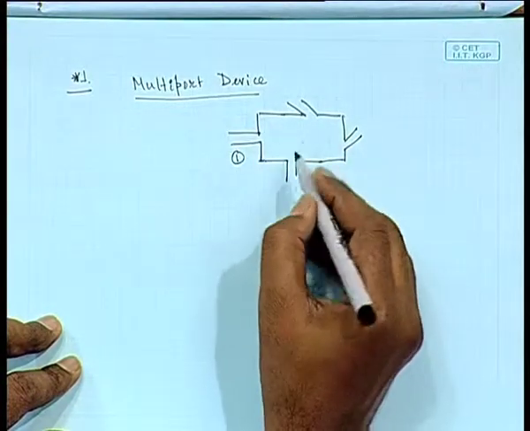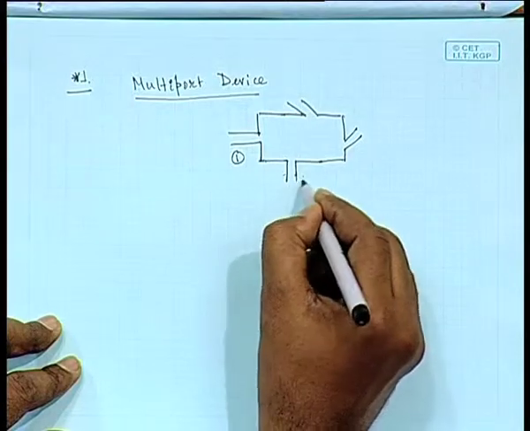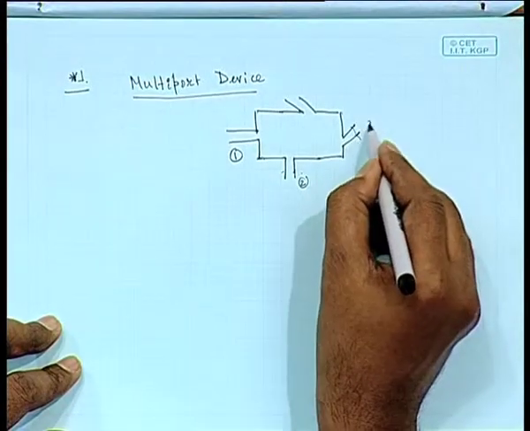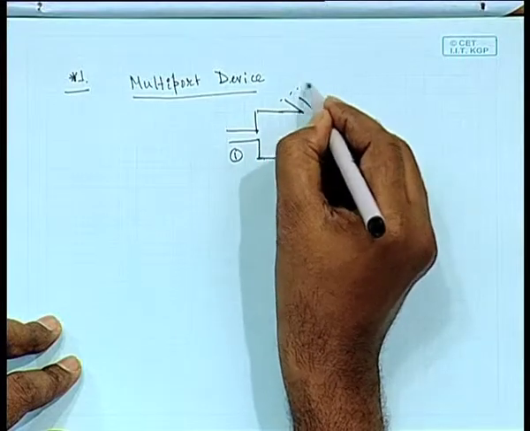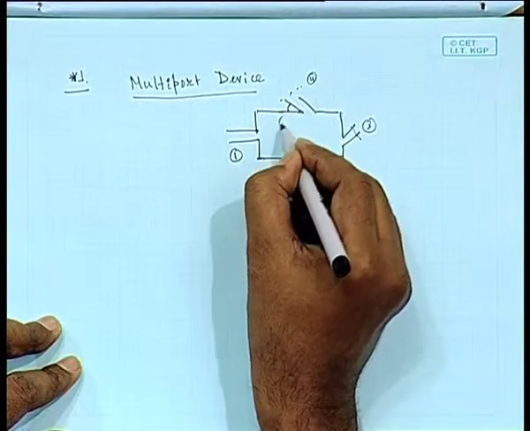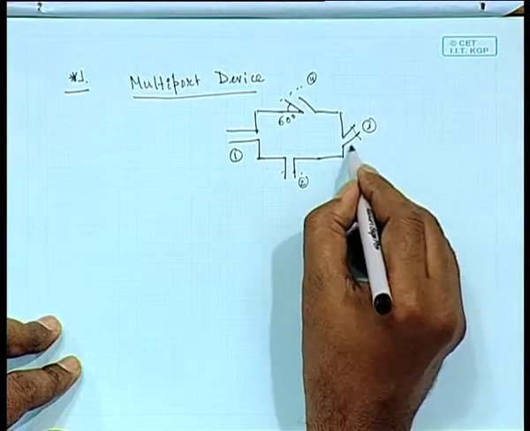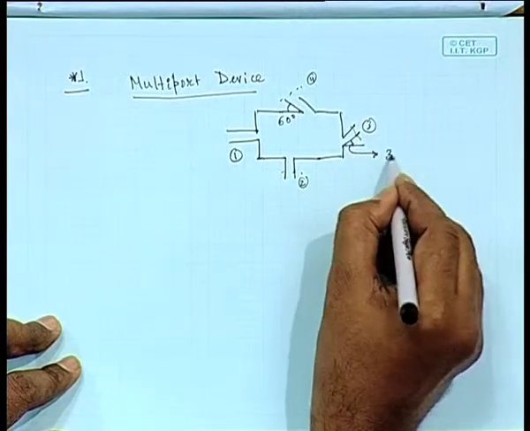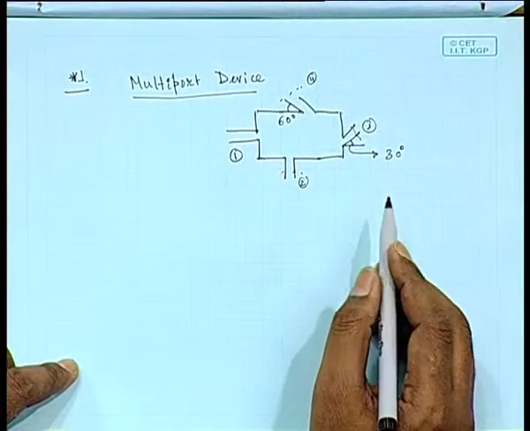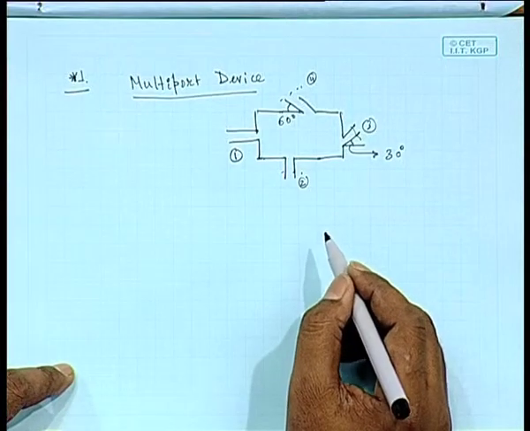This is port 1, this is port 2, port 3, port 4. This angle is 60 degrees, and this angle with the horizontal is 30 degrees. Okay.